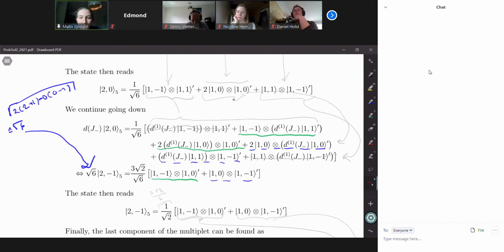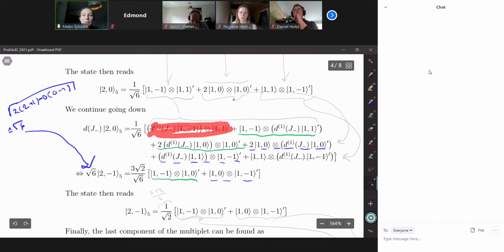But now things are slightly simplified, because now we note that for spin 1, the minimal spin Z is -1. So acting with the minus on this state, we get 0. So this guy disappears. Similarly, from this state, when the minus is acting on this spin here, so we have the minus on 1, -1, we get 0.